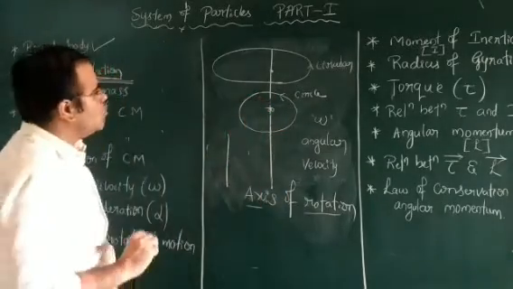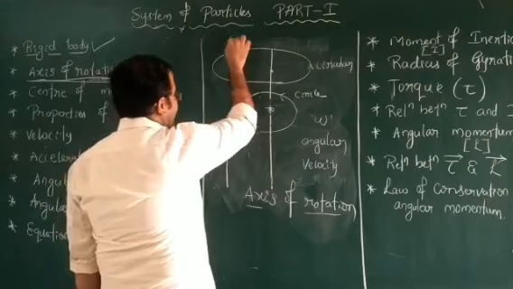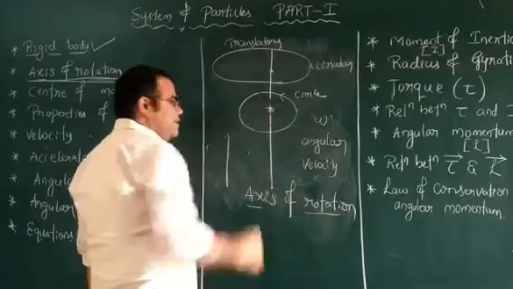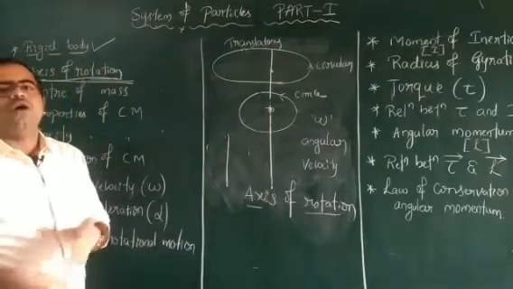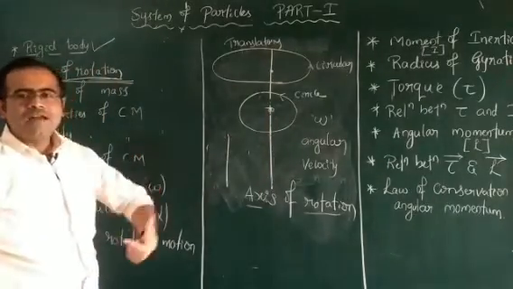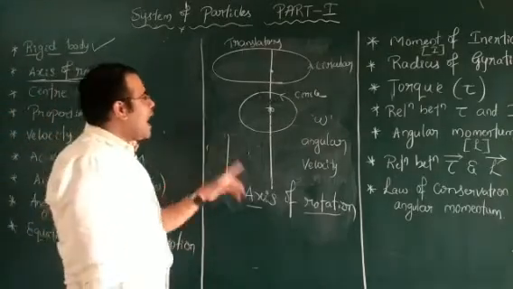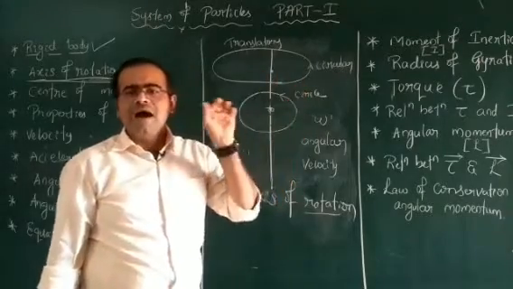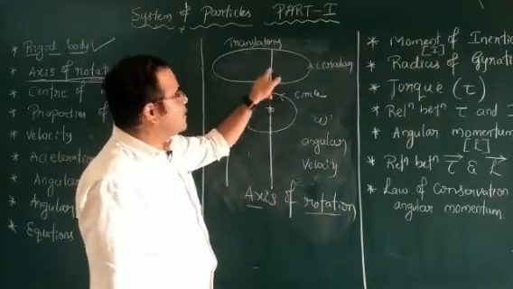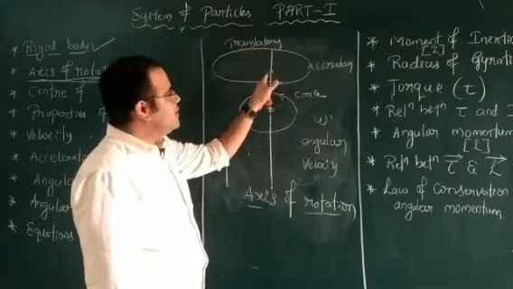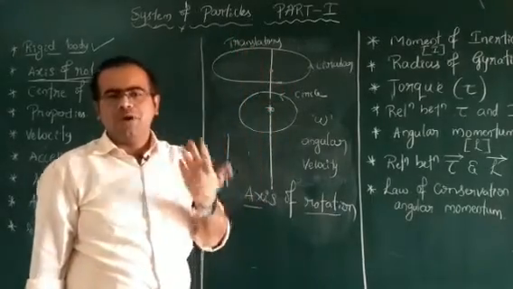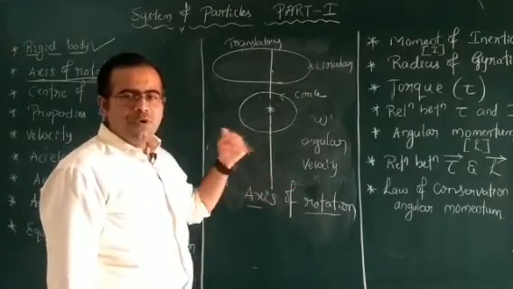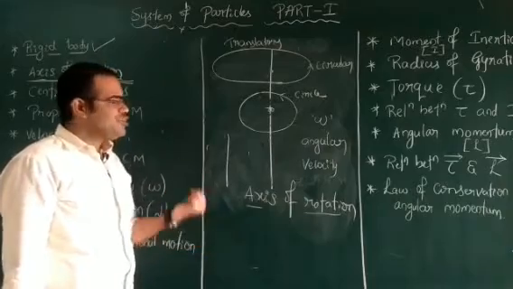But for linear translatory motion, is there a fixed center on the axis of rotation or not? When we observe translational motion in a rigid body, the centers of all the particles may or may not lie on the axis of rotation. So it may or may not. But when we observe pure rotational motion, the condition should be compulsory.